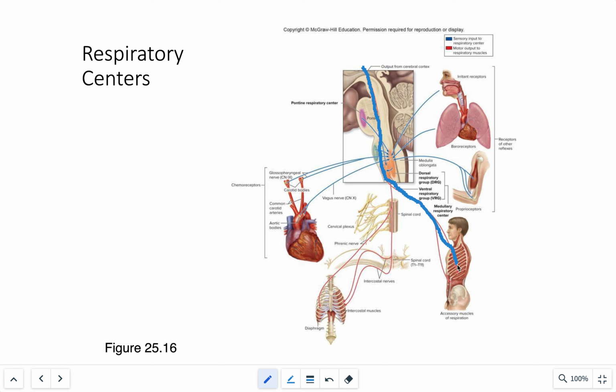So for instance, with forced inhalation, muscles such as the sternocleidomastoid here, the scalenes, the erector spinae, any accessory muscles that are used for forced exhalation also can be triggered. So the cerebral cortex has a direct link that bypasses the medulla during breathing. So this was just a short lecture on the lower respiratory system.